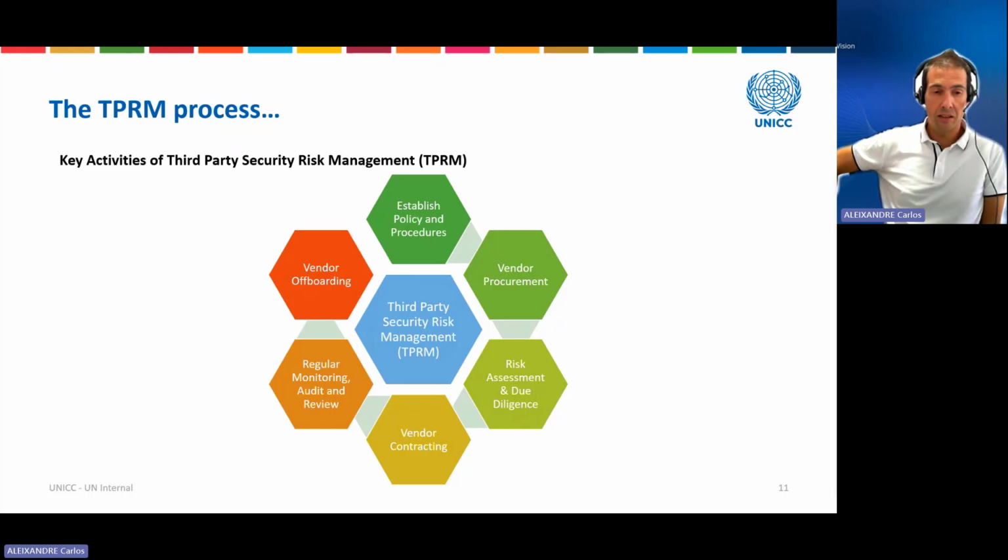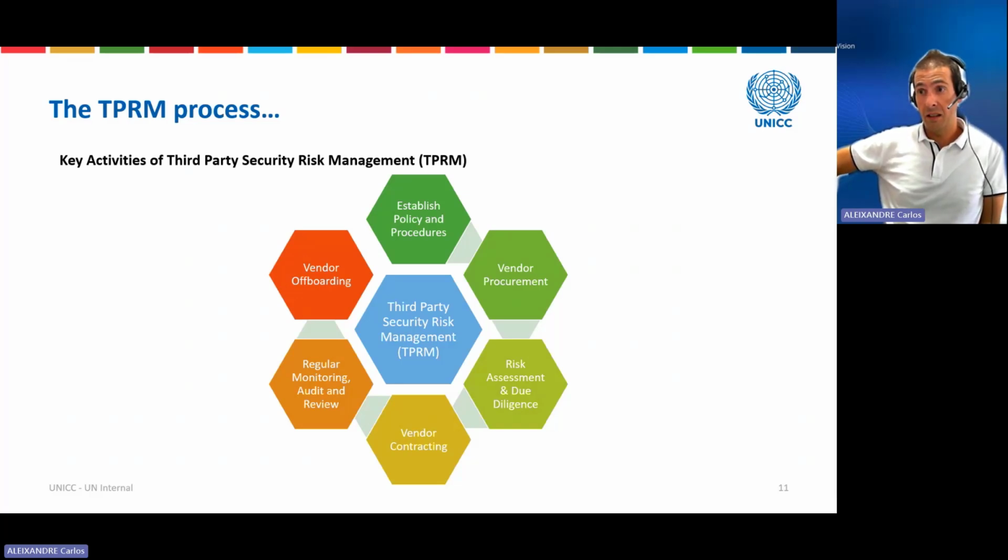And again, the different levels or tiers of this categorization could be simple, like having critical suppliers versus non-critical suppliers, or we can be a little bit more advanced, having different tiers for the different categories of our vendors. So that will depend, of course, on the level of maturity that our organization has. So as usual, we should go one step after the other and increase our maturity level.